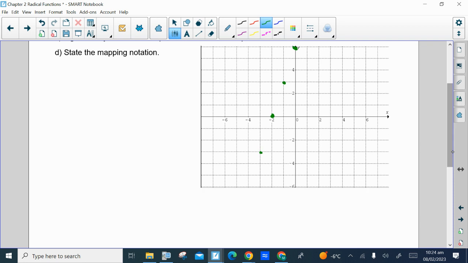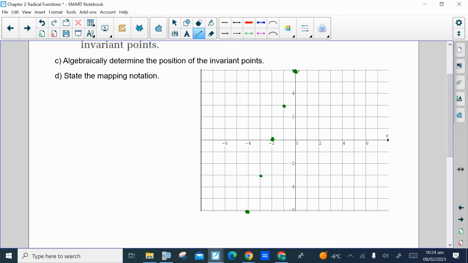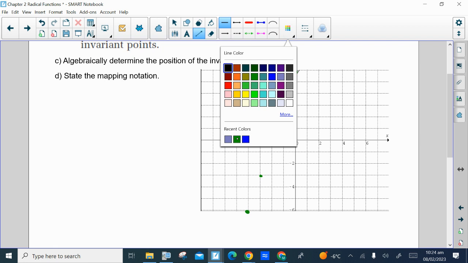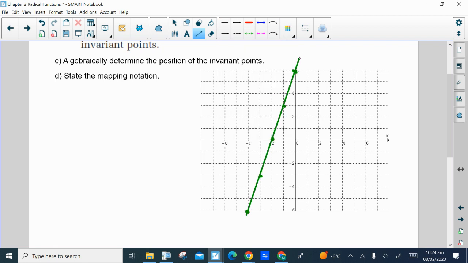So this is the graph of the original function. It's a linear function. And now we want to graph the square root of that function.